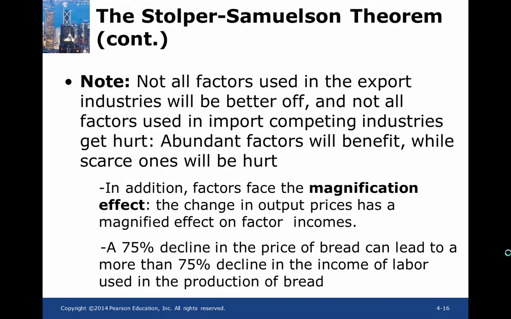The Stolper-Samuelson theorem continued. Note, not all factors used in the export industries will be better off, and not all factors used in import-competing industries get hurt. Abundant factors will benefit while scarce ones will be hurt. In addition, factors face the magnification effect. What is the magnification effect?